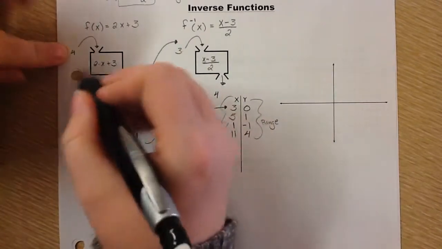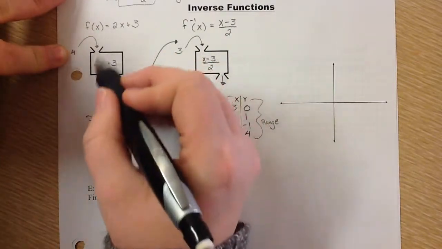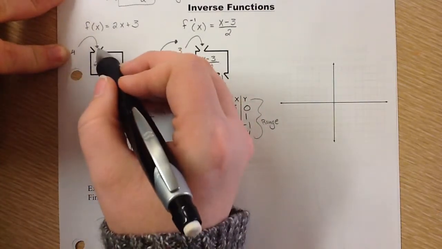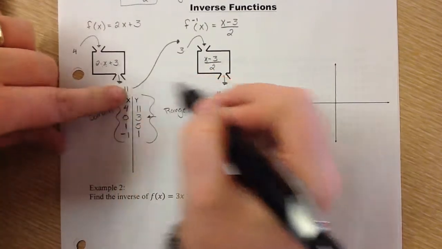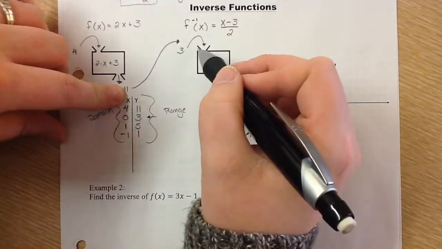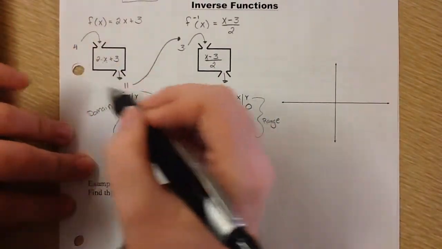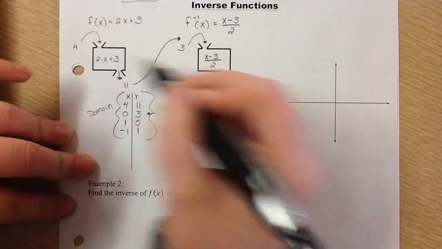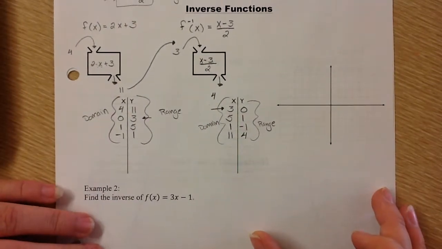Basically, if we think about this as two machines, if I throw a piece of plastic in this machine and it makes it into a whistle, this machine, if I throw the whistle in, would get me back out the piece of plastic that I started with. Whatever this machine does to the number, this one undoes it. That's the whole gist of an inverse.